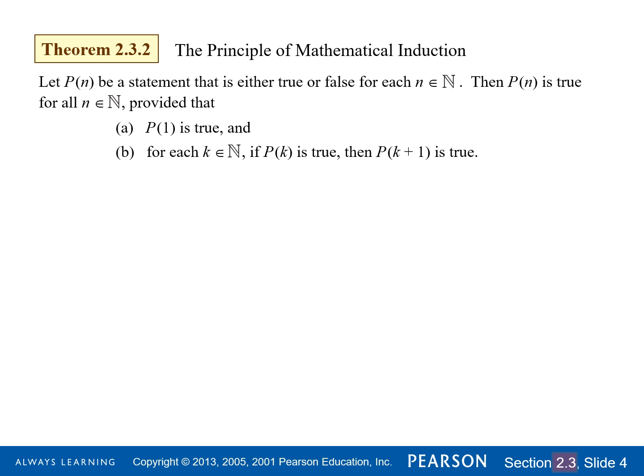Okay, what does it mean here? What is the difference between the first one, point A, where we have P of 1, and point B, where we have for each k? So k here refers to some number in the naturals. It's like this.